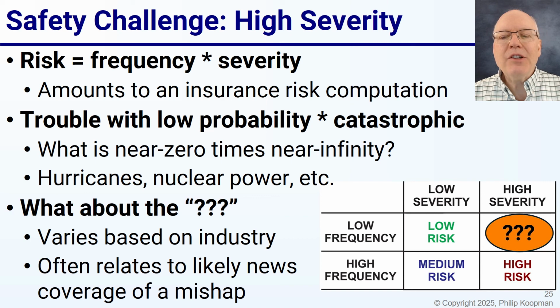So what do you do about the question marks? Well, it depends on the industry. It often relates to the likely news coverage of the mishap. Airplane crashes, hurricanes, nuclear power make news. Individual car crashes, not so much. And somebody's solar power system catching fire, probably not national news.